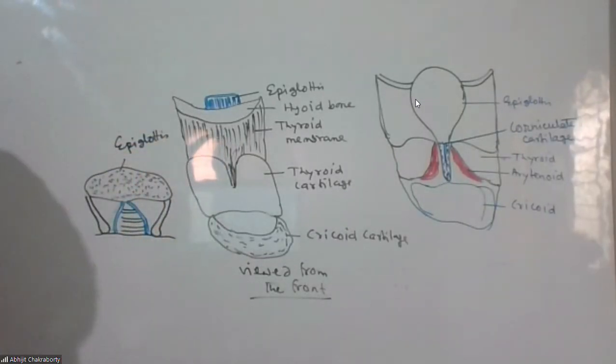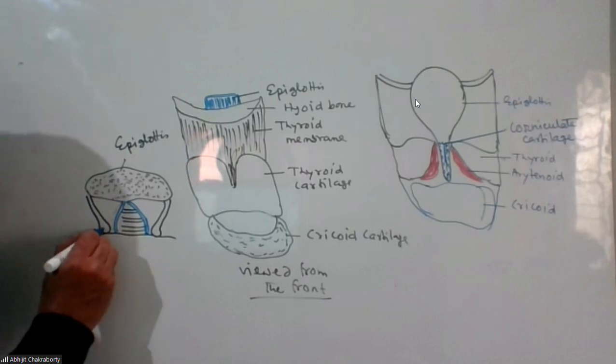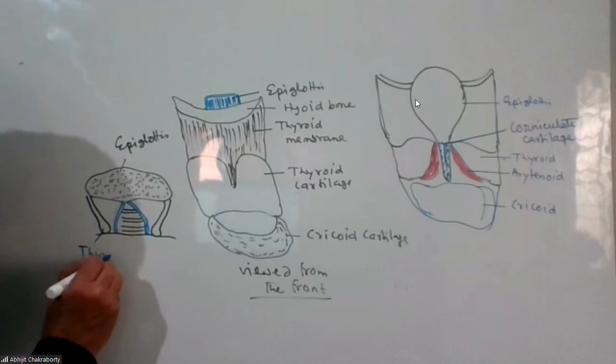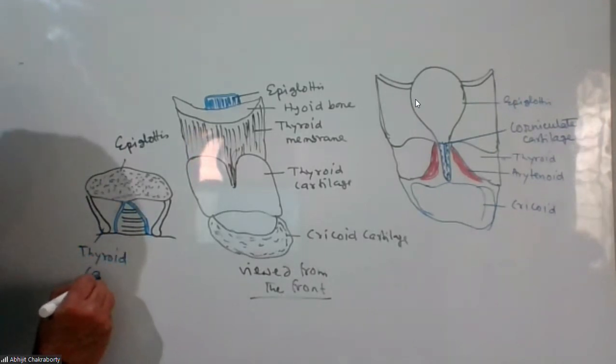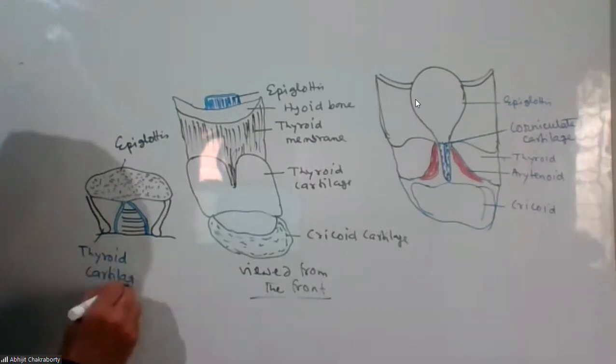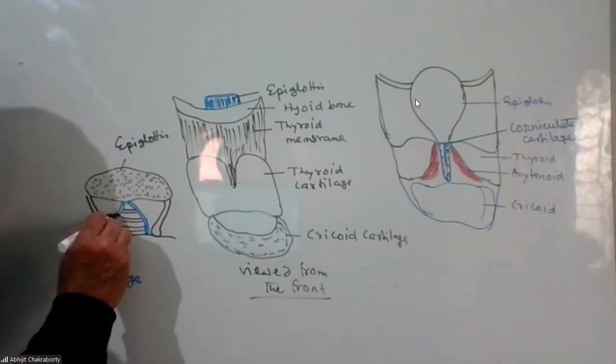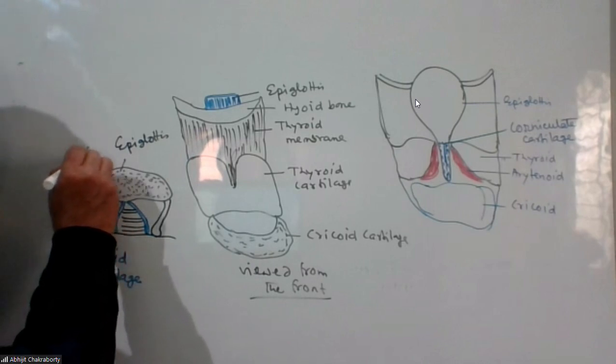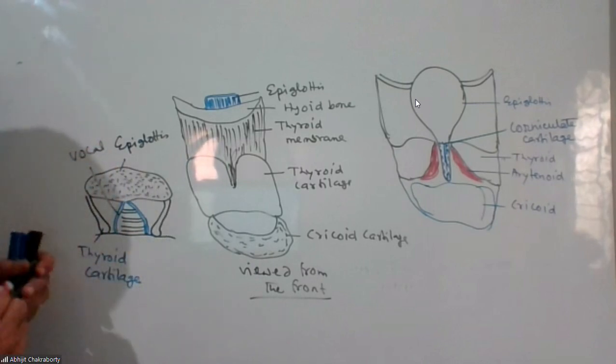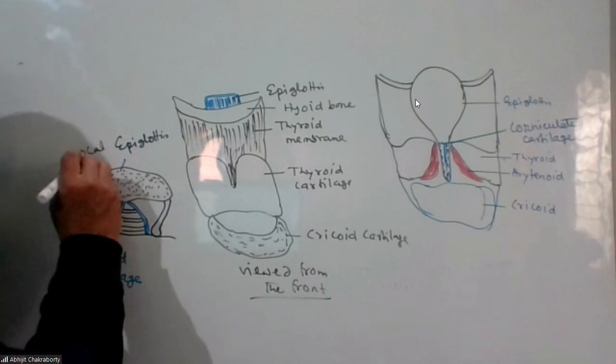This is the epiglottis. Here you will get the thyroid cartilage. Vocal cord.